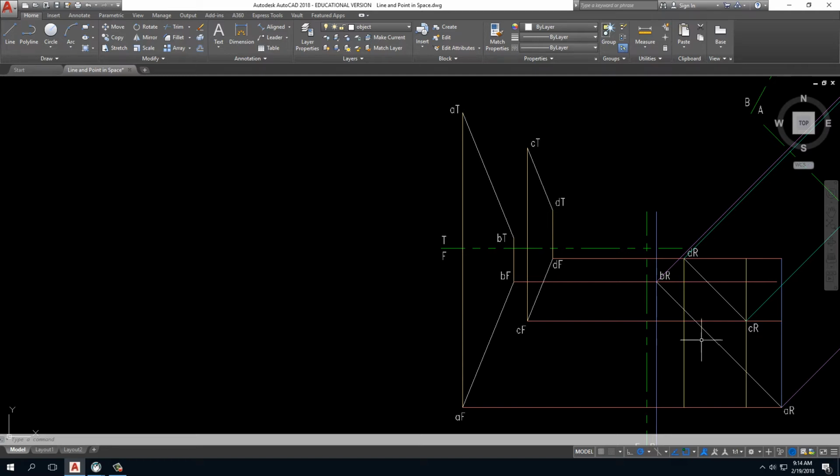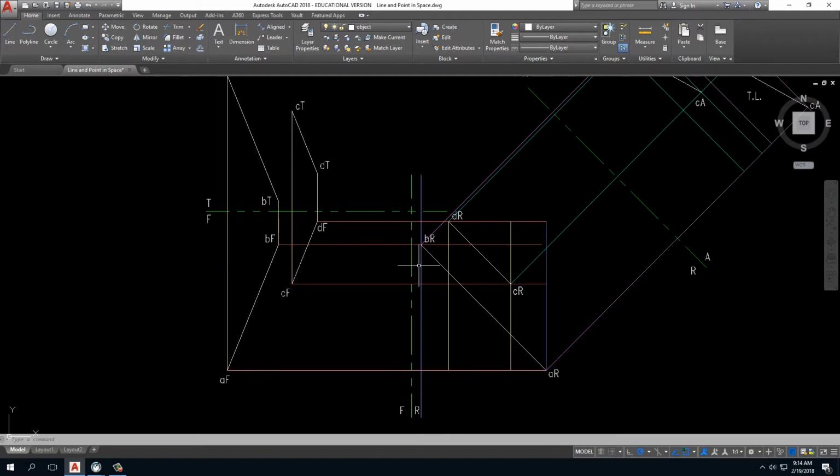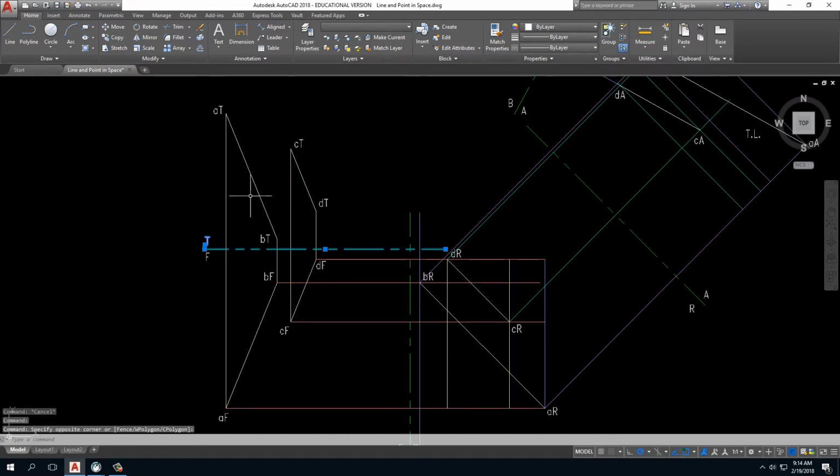So the first thing we had to do was to project the lines into the right side view. And we know the way we would have done that was to take distances from the last fold line backwards to find the distances that these lines would exist in this view. We're together so far, right?